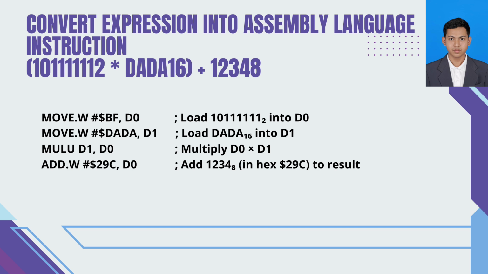Convert expression into assembly language instruction. Open bracket 10111111 base 2 times DADA base 16 close bracket plus 1234 base 8. move.w #$BF, D0 ; load 10111111 base 2 into D0.